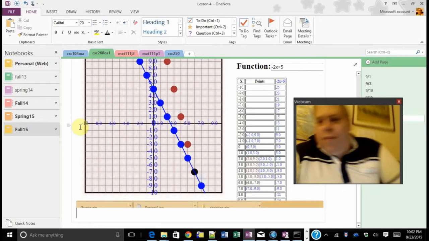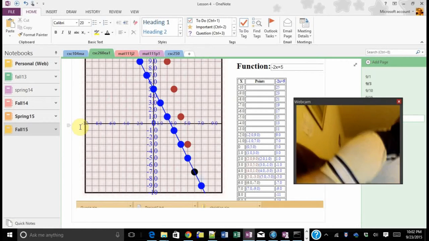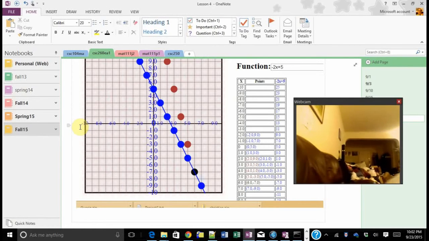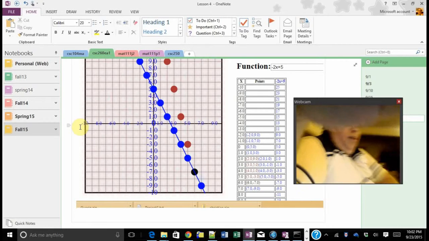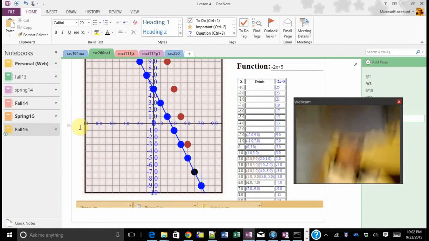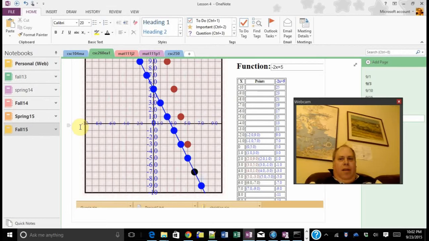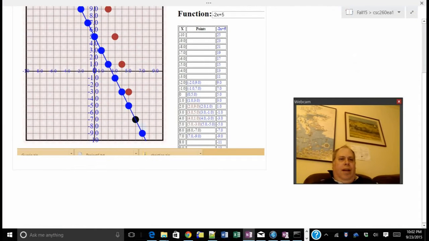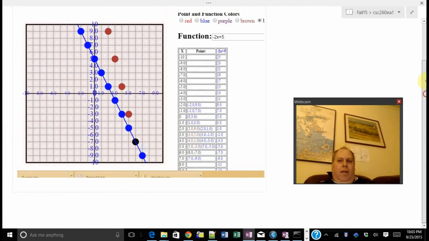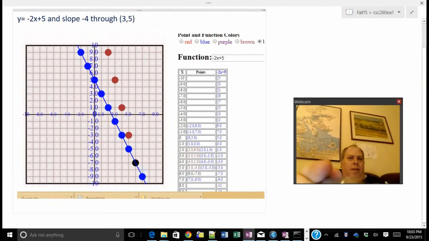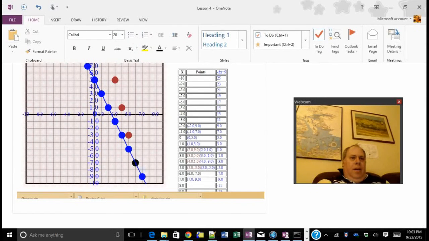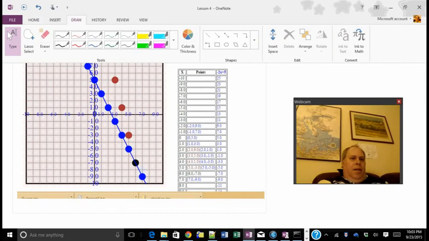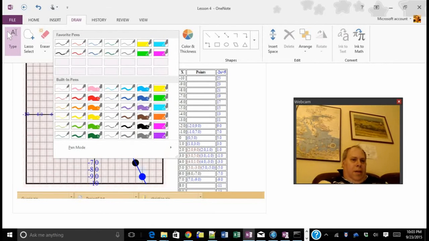And I'm going to put the graph down here. So at this point, give me a second to grab my stylus. Through the line. Through everything. So now I have my stylus, and I can draw the line as soon as it gives me the drawing tool. Where's a nice brown line?